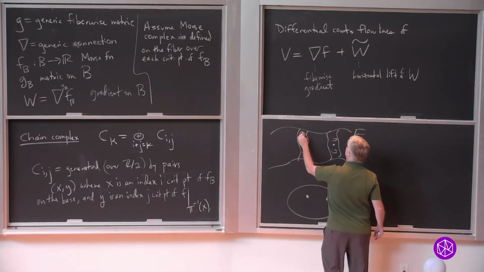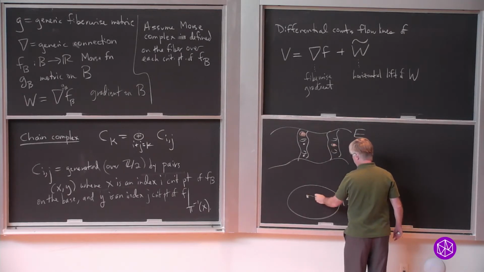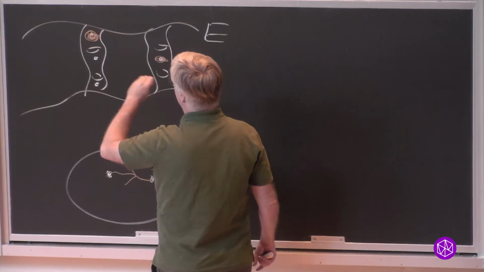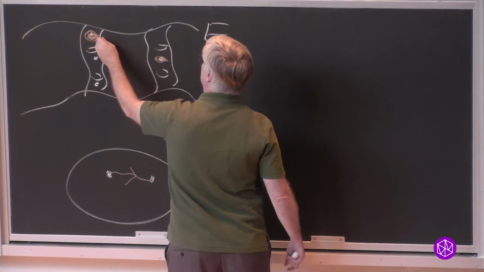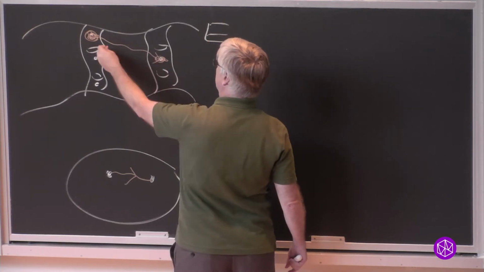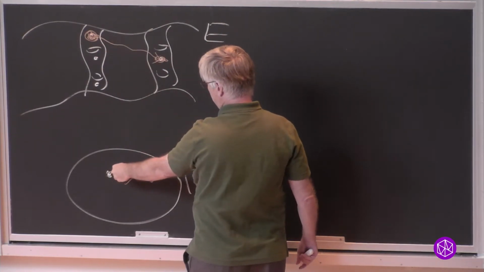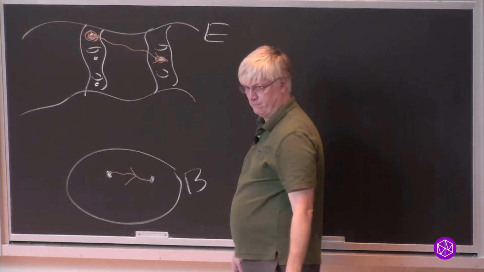If I want to look at the differential coefficient from here to here, I need to find a flow line from here to here, and then this gets lifted to a path here, which in the horizontal direction is lifting this flow line, and then the vertical derivative is the gradient flow line at the given fiber.